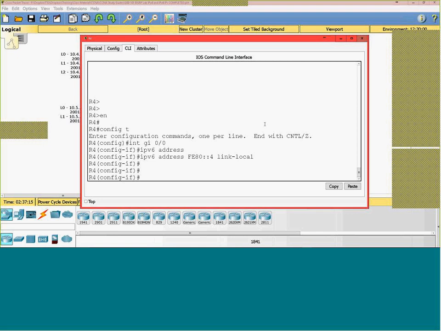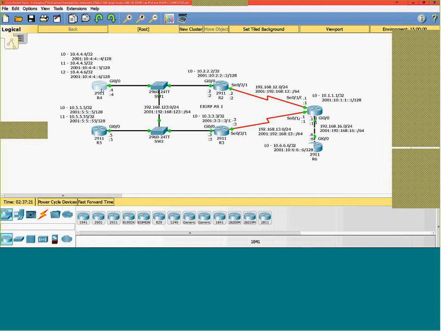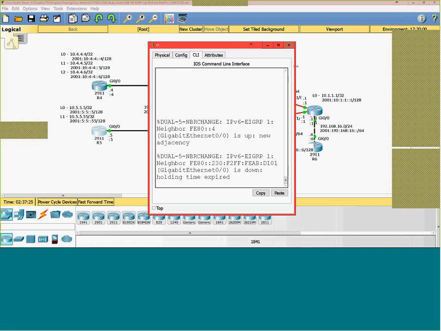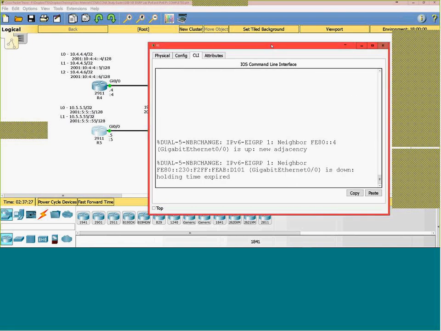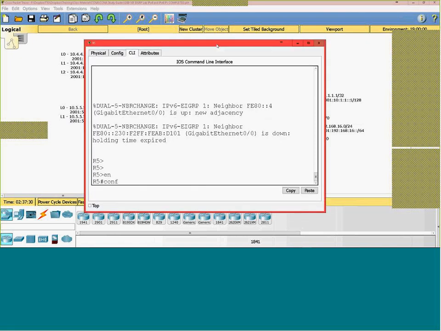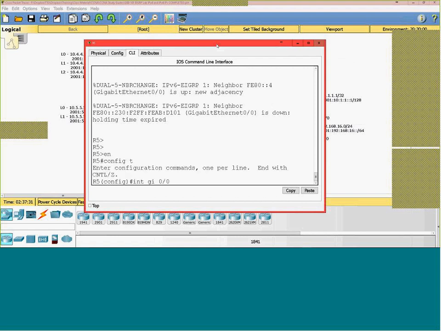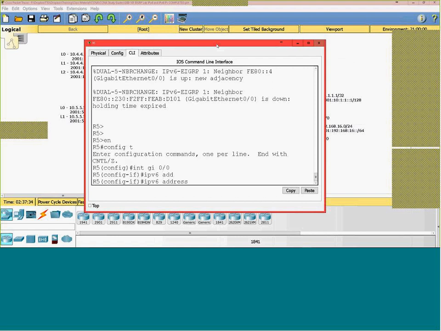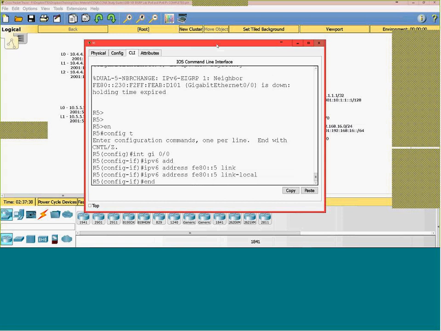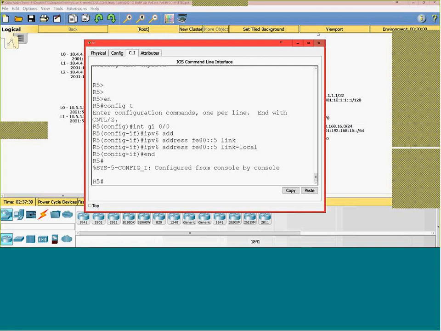But now, when I look at the neighbor relationship on router 2, I will see that that neighbor ID is going to be that FE80::4. So I could do the same thing here. I could go into interface Gi0/0, ipv6 address FE80::5 link-local, and I can change that link local address.